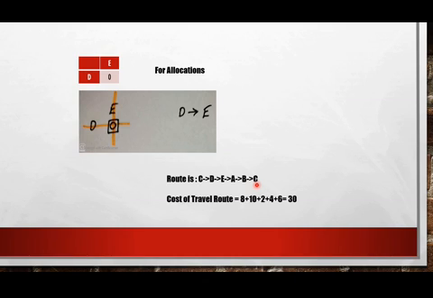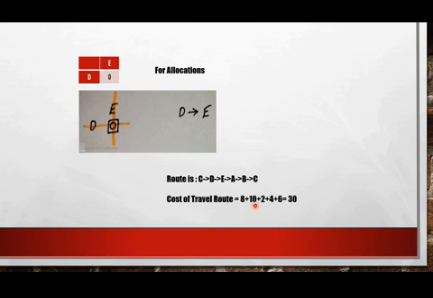So what is the next job? For this route, I am supposed to write the cost. Look at the original matrix. C to D, what is the cost? 8. D to E, 10. E to A, 2. A to B, 4. B to C, 6.